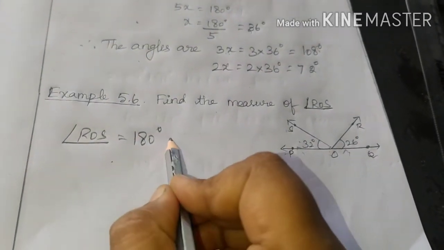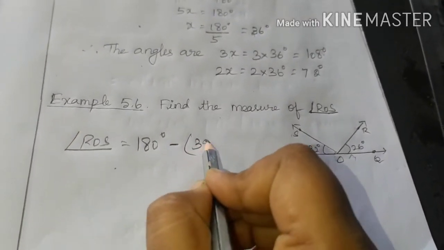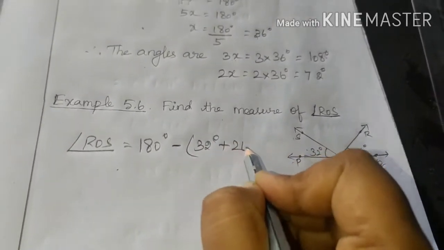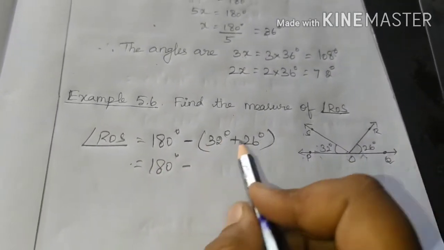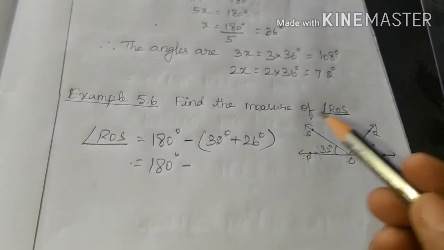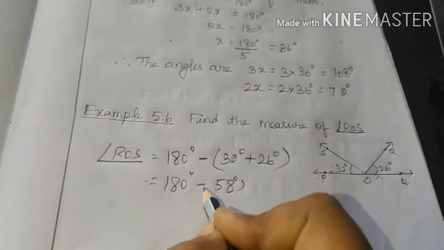180 degree minus 32 degree plus 26 degree. So 180 degree minus 32 plus 26, what will I get? 6 plus 2 is 8, 3 plus 2 is 5, 58 degree.